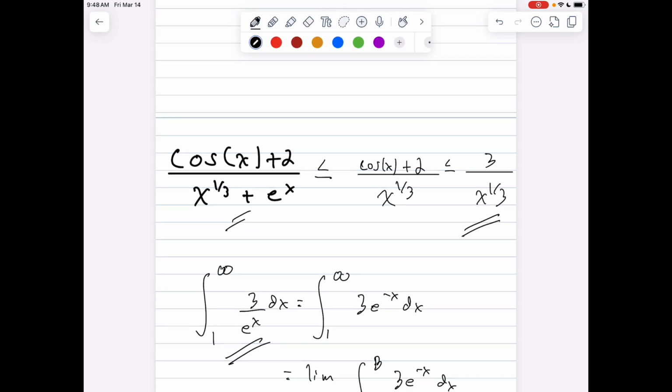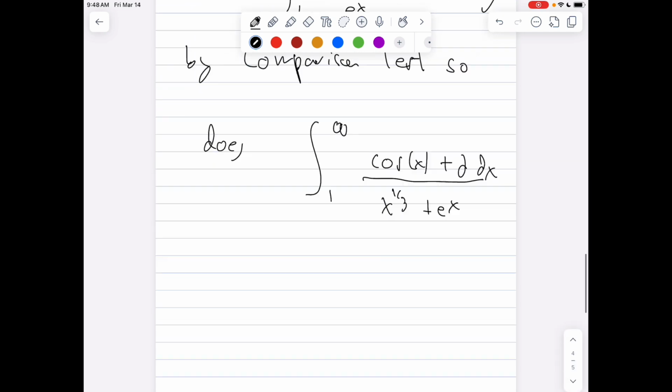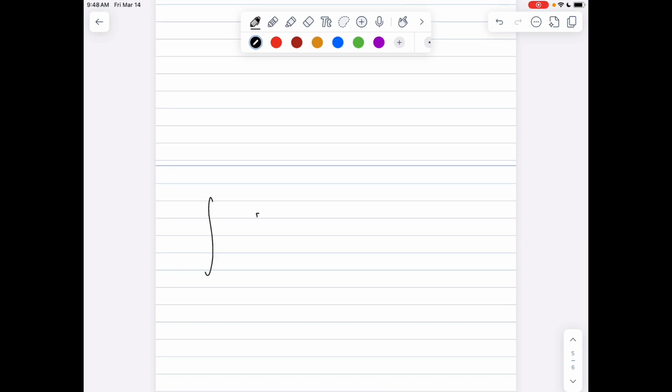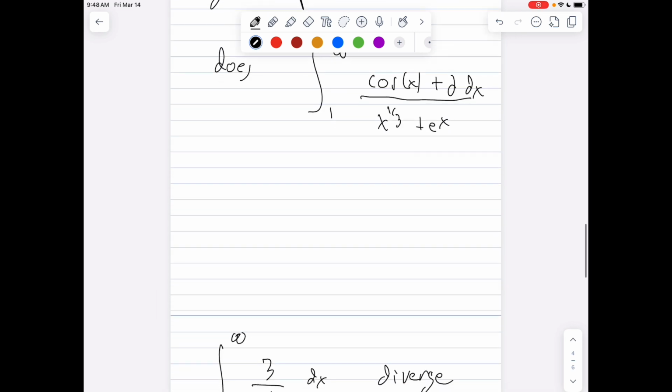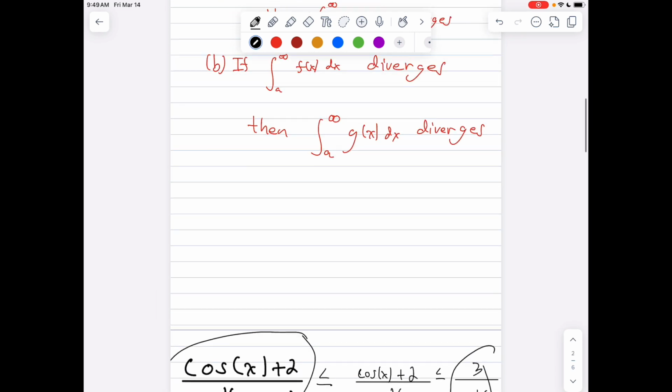So it is certainly the case that this is less than that. The issue, though, would have been this. When you integrate 3 over x to the 1/3 dx from 1 to infinity, that's going to diverge. And if the bigger one diverges, that doesn't say anything about the smaller one. Let me go back to the theorem.